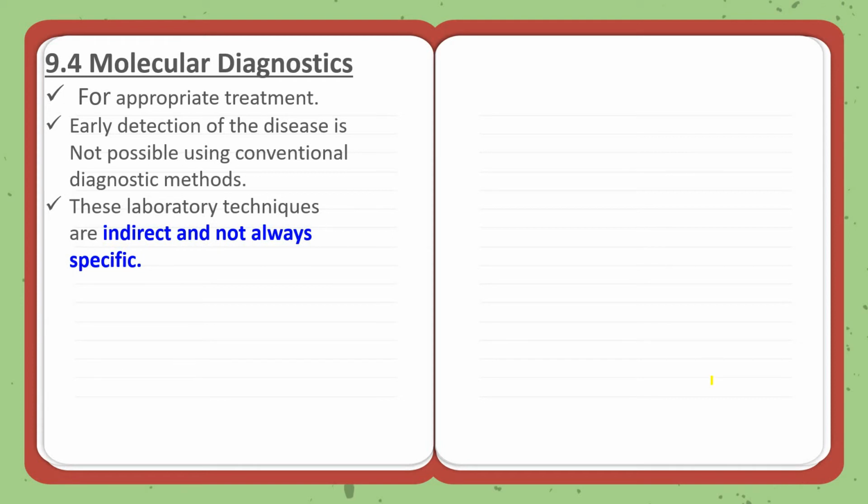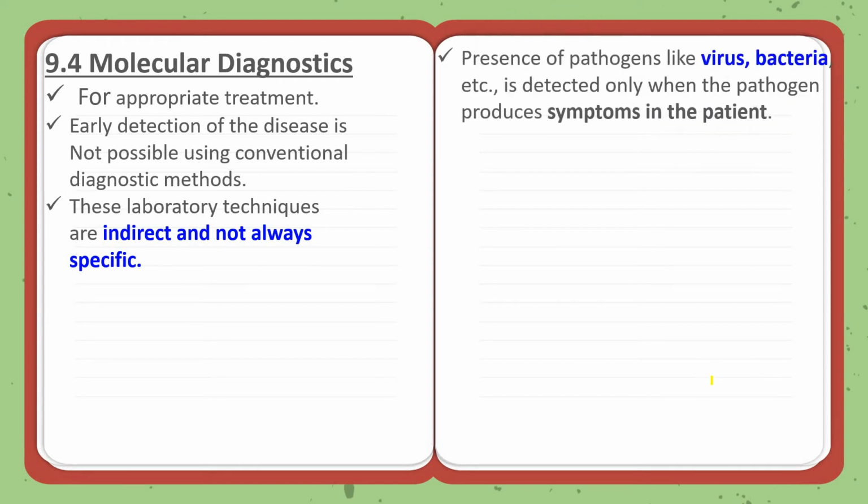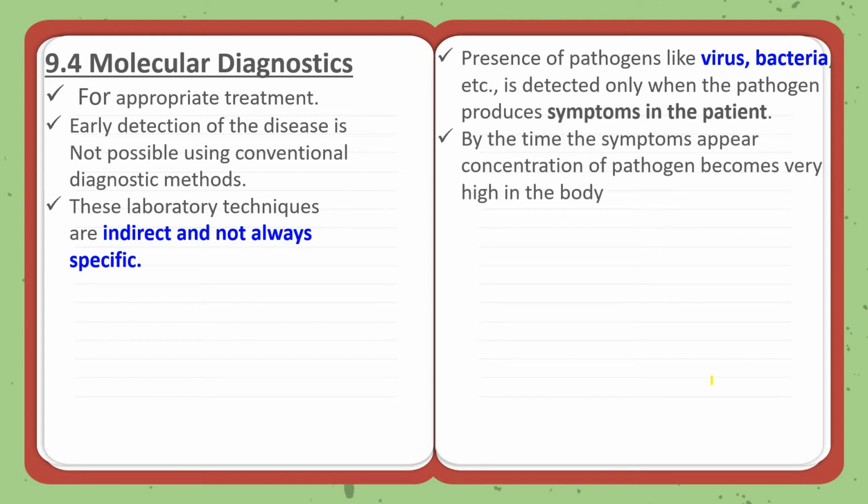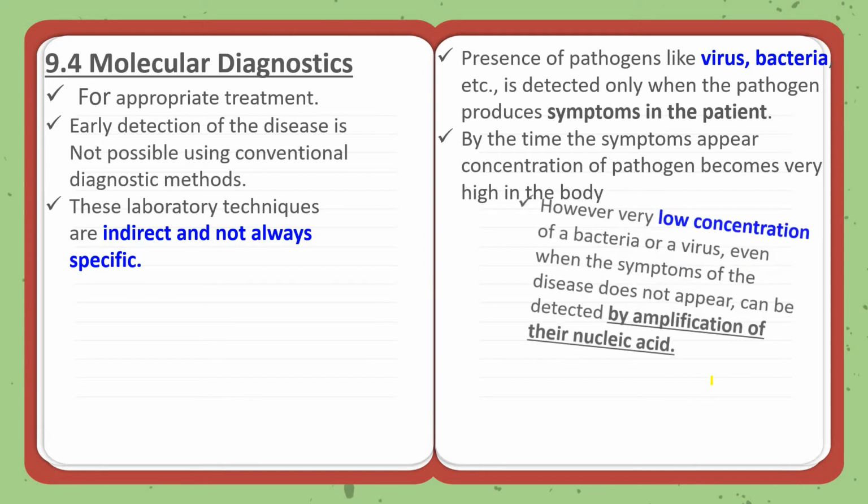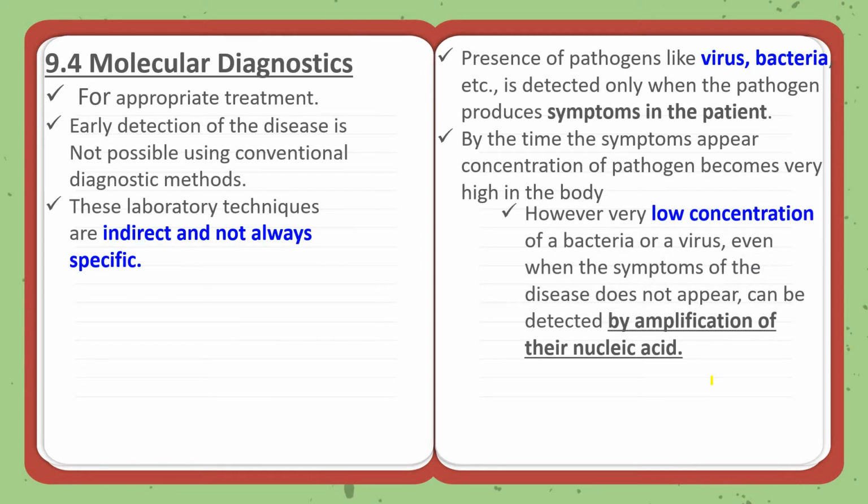These laboratory techniques are indirect and not always specific. For example, the presence of a pathogen like a virus or bacteria is detected only when the pathogen produces symptoms in the person. By the time the symptoms appear, the concentration of the pathogen becomes very high in the body. So it is very difficult to treat in the later stage.